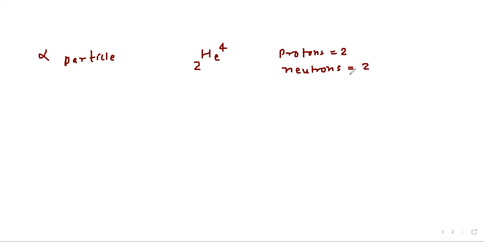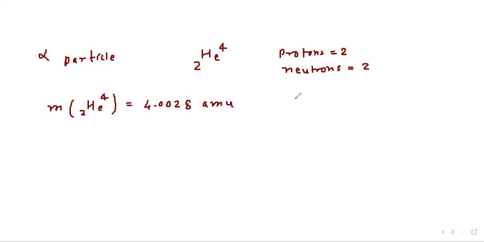And suppose the mass of the helium nucleus is also given. The mass of 2He4 is given, and that is 4.00228 AMU.